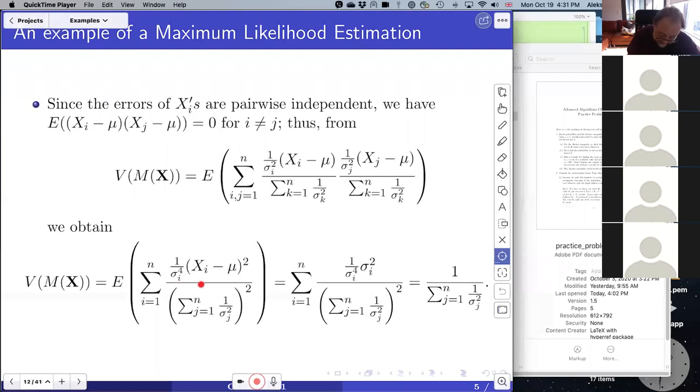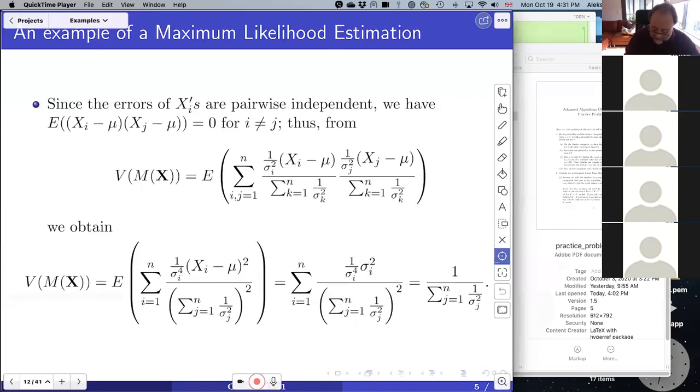So all that's left is this. But notice if I go with expectation inside, this is precisely the variance. So this will be precisely sigma i squared. And now sigma i squared cancels out 2 from sigma i to the 4th. And you get precisely the sum of reciprocals, which is what you have on the bottom.